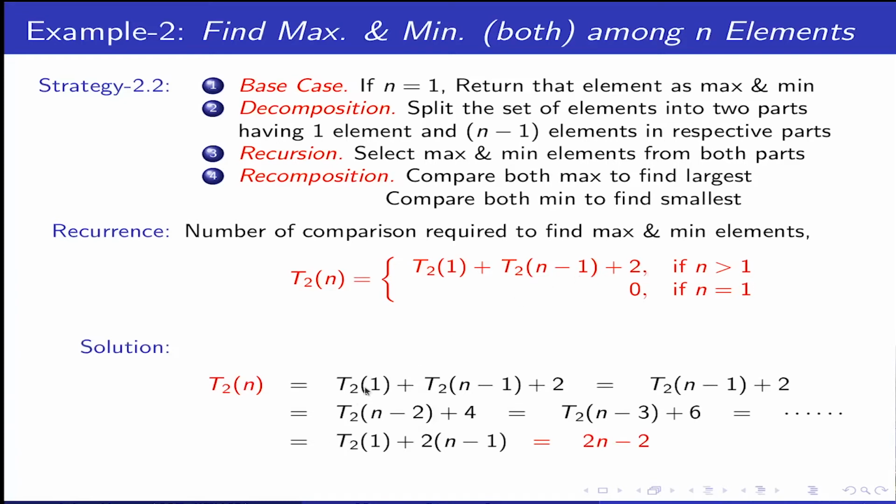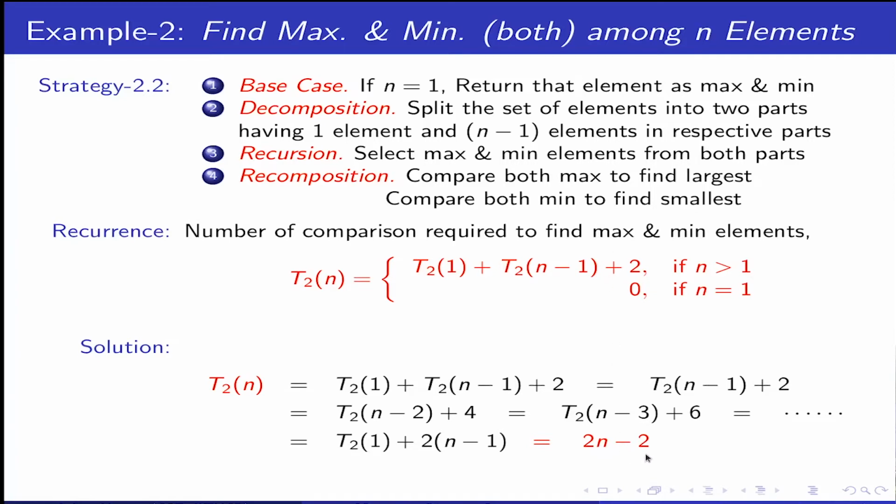Solve it. This T1 is basically 0 because I know that for one element that is the max and that is the mean, so no need of comparing, so it is 0. So it becomes T(n) equals T(n minus 1) plus 2. So T(n minus 2) plus 4, T(n minus 3) plus 6 and so on. Finally it will reach T1 as 2 into n minus 1. What does this mean?